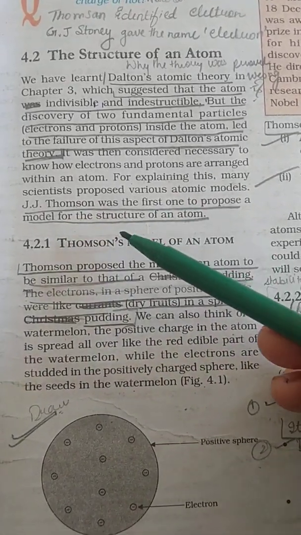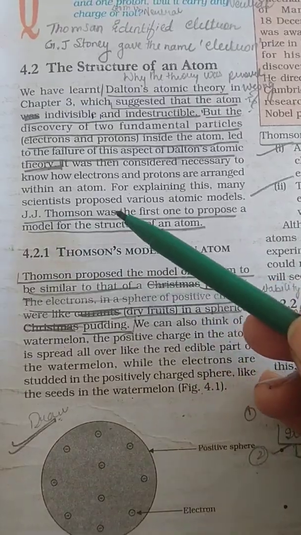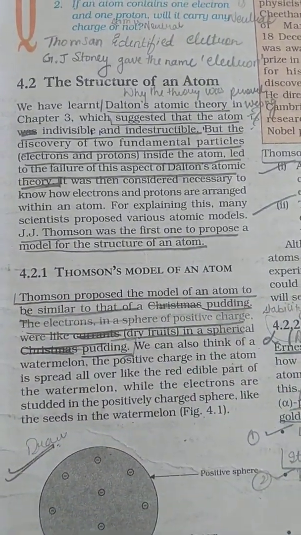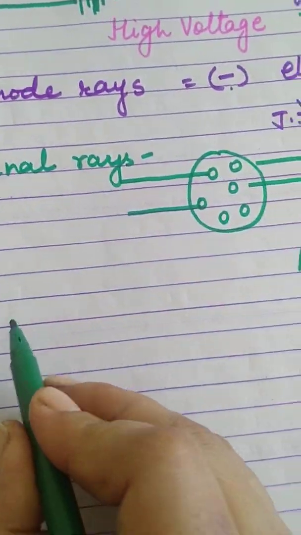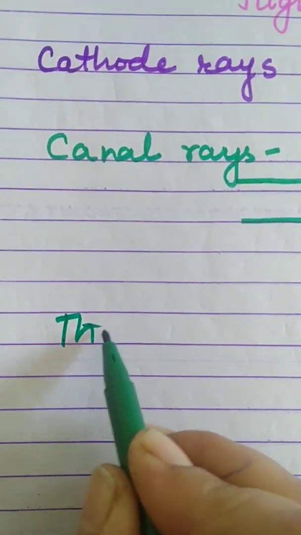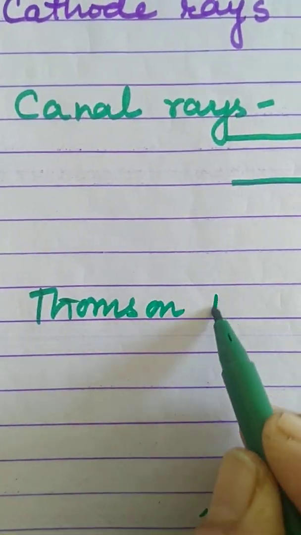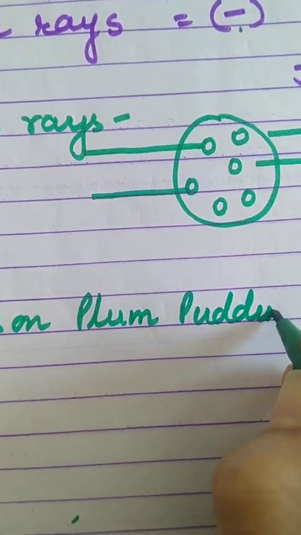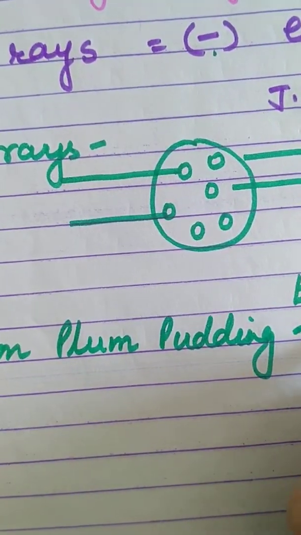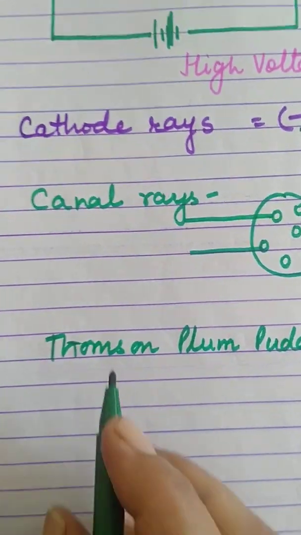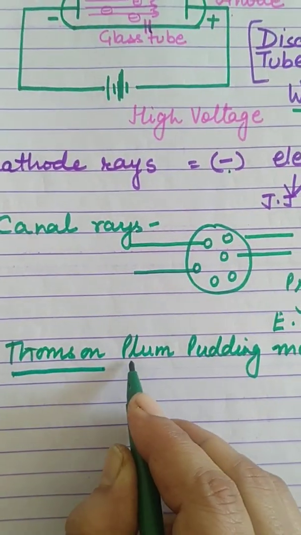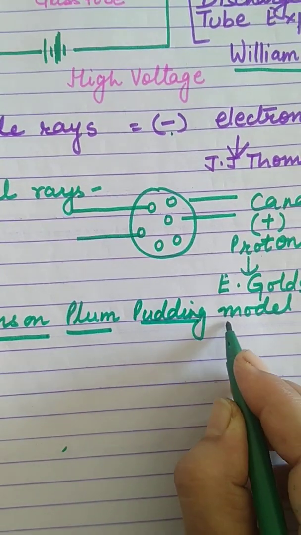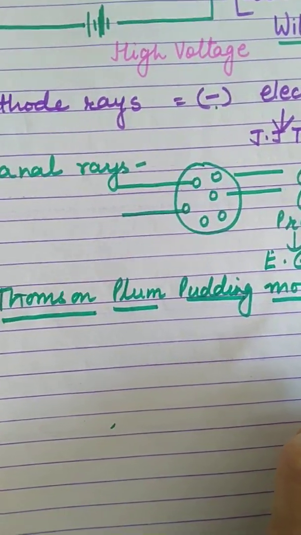The first one was by J.J. Thomson. The model was the Thomson plum pudding model of an atom.